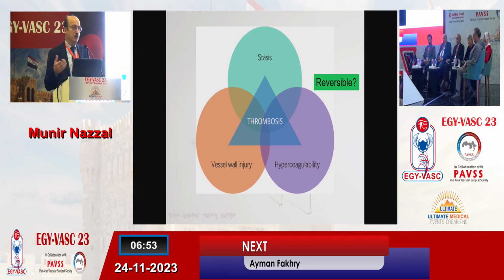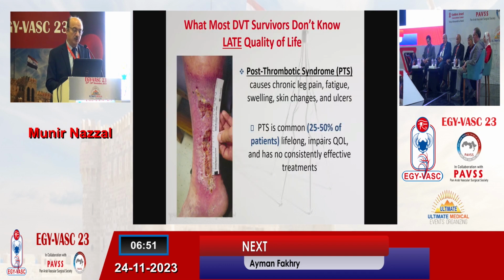So we talk about provoked and unprovoked DVT in general. We tend to say we are trying to prevent post-thrombotic syndrome, with an incidence between 25 and 50%. It's a very wide incidence. And since we started doing research on venous disease many years ago, and Marzouk is sitting here from Kuwait, we were focusing mostly on post-thrombotic syndrome.